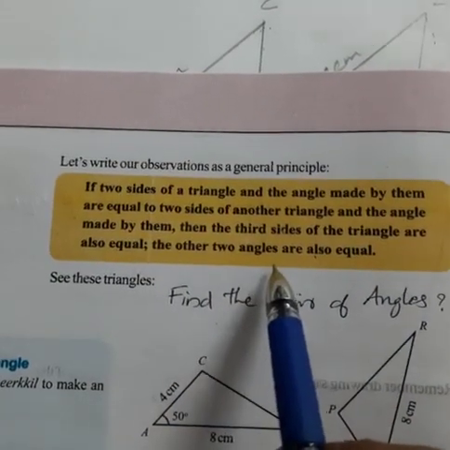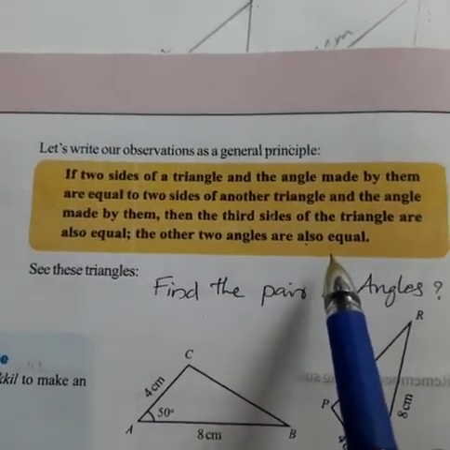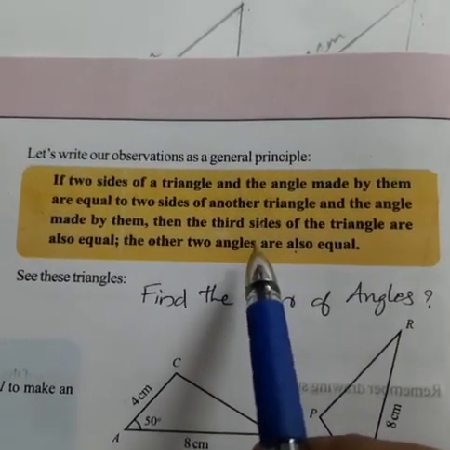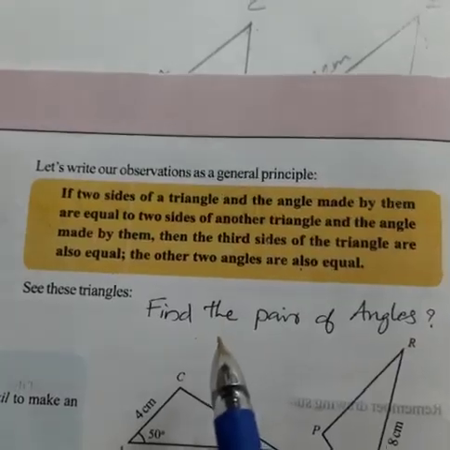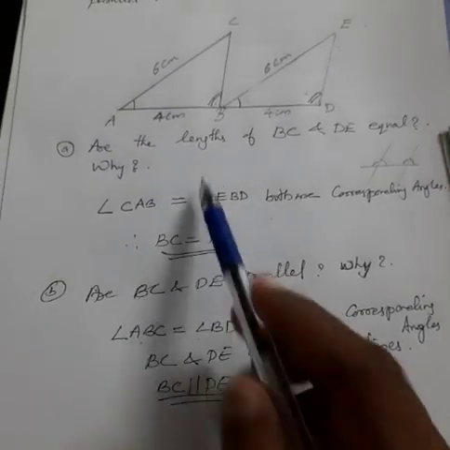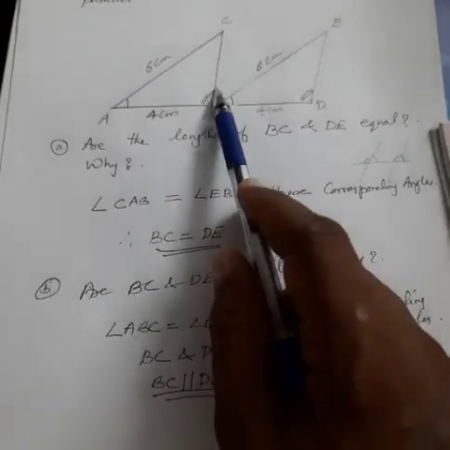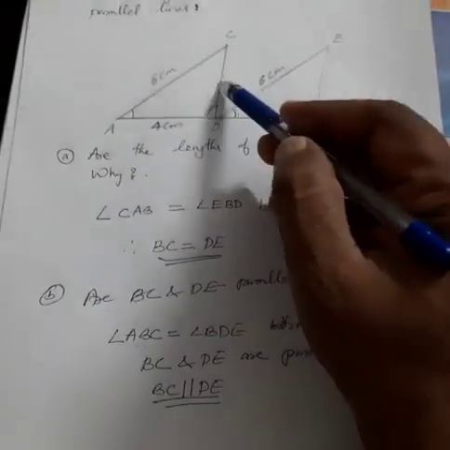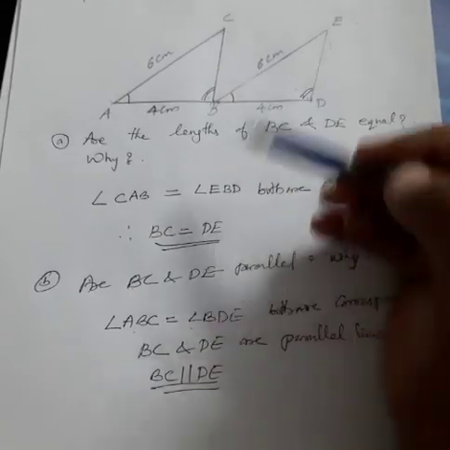The other two angles are also equal. That is the answer to why it is parallel. In the first question, both sides are equal, and in the second one, these two sides are parallel also.